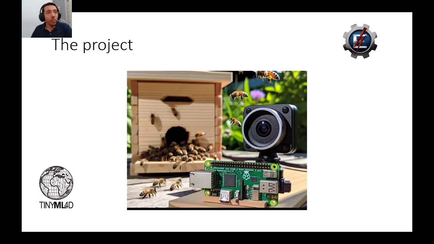Well, in our project, we use a Raspberry Pi Zero 2 W, which is a powerful edge computing board with a 1 GHz quad-core CPU and 512 megabytes of RAM.